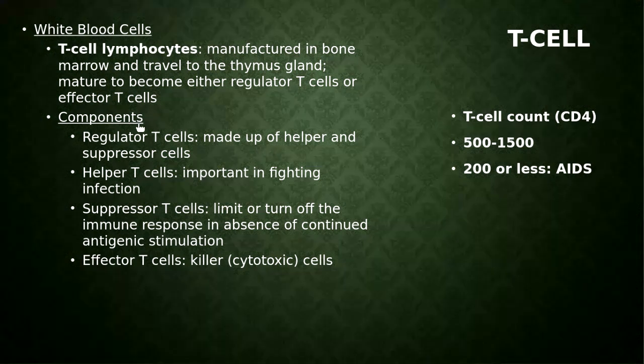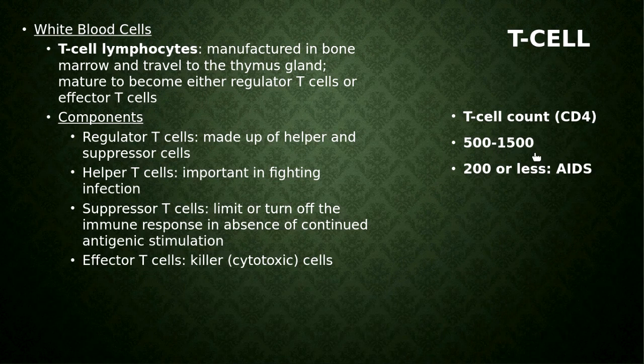Components, you have regulator T cells, helper T cells, suppressor T cells, and effector T cells. So you need to know the difference between these. So your T cell count, 500 to 1500.